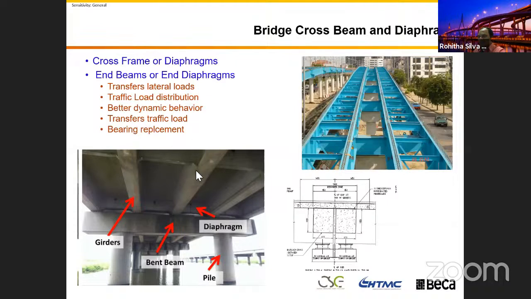And the other thing, this bracing will play a significant role for the traffic load distribution and the dynamic behavior of the bridge. I knew this from the testing they did in Bangkok. You can see in this particular picture I put here, there are so many bracings, because in the standard before, we used only the 2 end diaphragms and the 2 intermediate bracings, altogether 4.